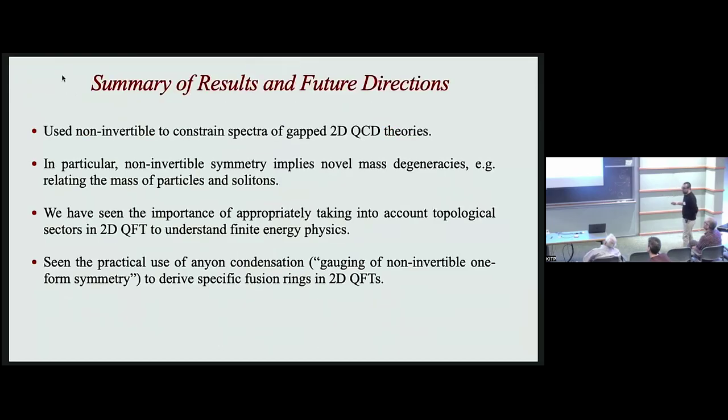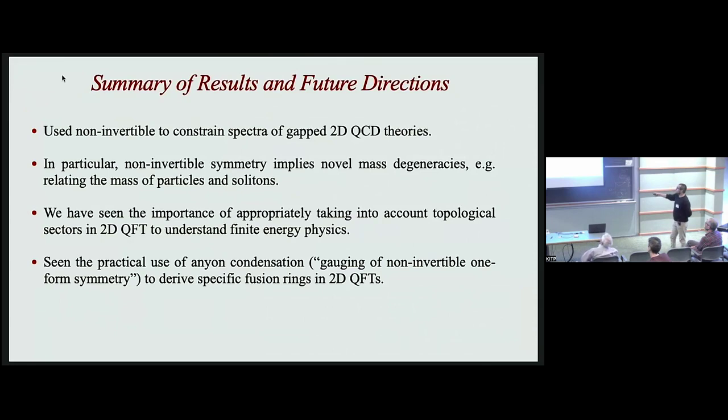So let me just summarize what we have done here, which is basically using non-invertible symmetry to constrain the spectra of gapped 2D QCD theories. In particular, we have seen that non-invertible symmetry implies mass degeneracies that are novel, not quite what you see with a standard group-like symmetry, which relates the mass of particles and solitons.